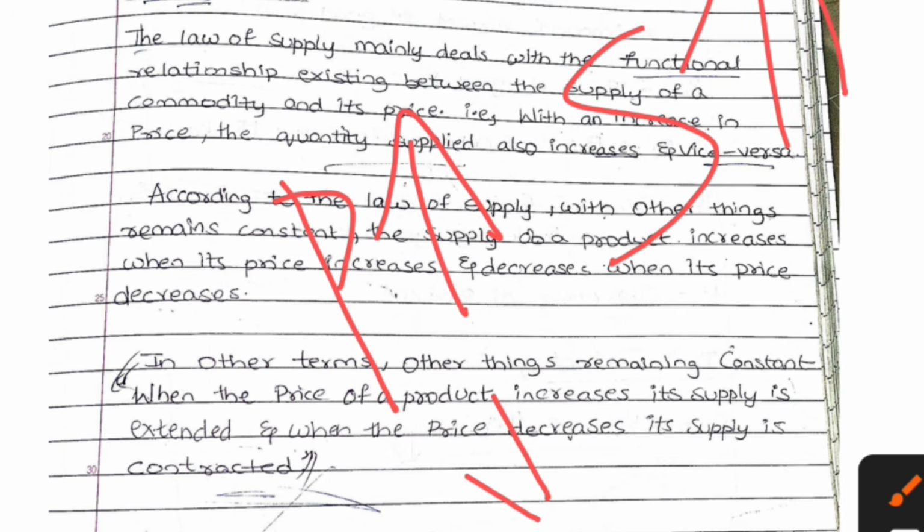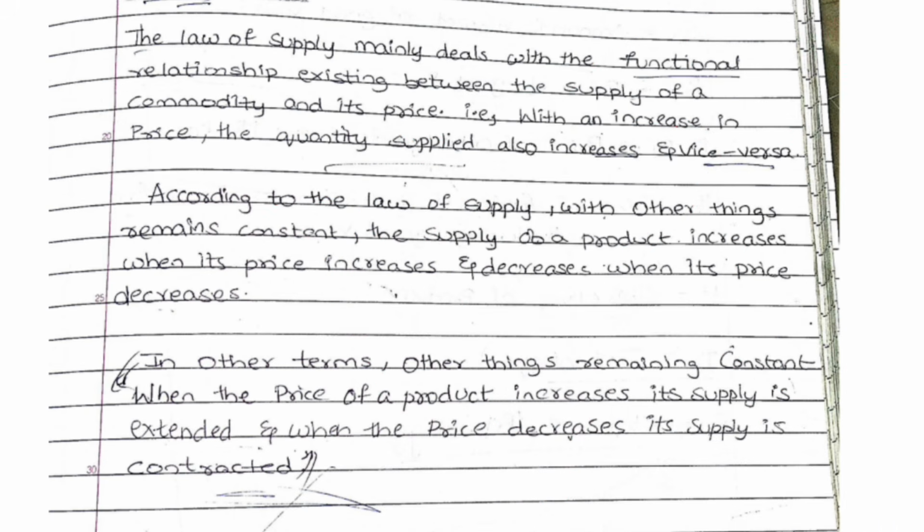When price decreases, supply also decreases. Same as in the previous unit 2 where we discussed Veblen goods. When you increase the price of your product, automatically the supply will also increase.